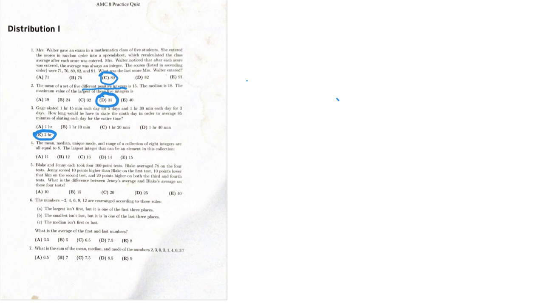That's the number 4 and the number 5, the sum of these 2 numbers divided by 2. So we put 8, 8. That's the easy one. 8 plus 8 divided by 2.